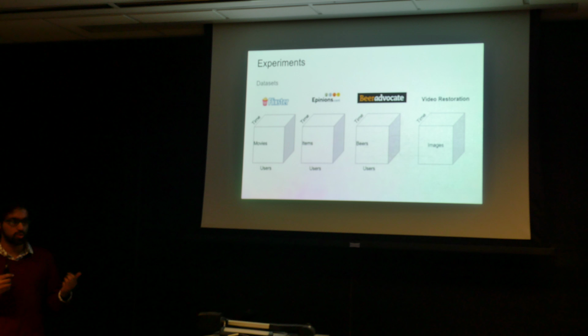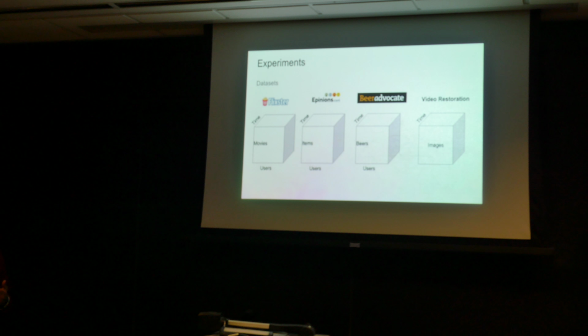We do not have any social network in this, but we do have a lot of aspect ratings, which could be used to compute similarity between users or kernels. And the fourth data set is for a video restoration problem, where we take 10 images and manually corrupt some of them and try to see if our method works well and is able to restore the video itself.